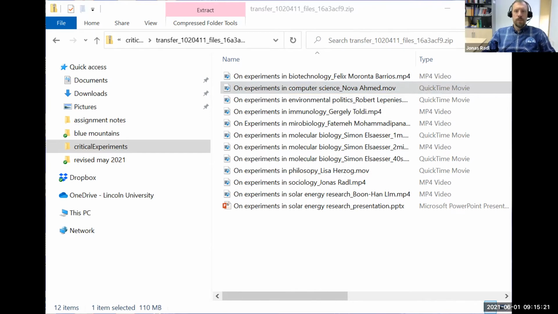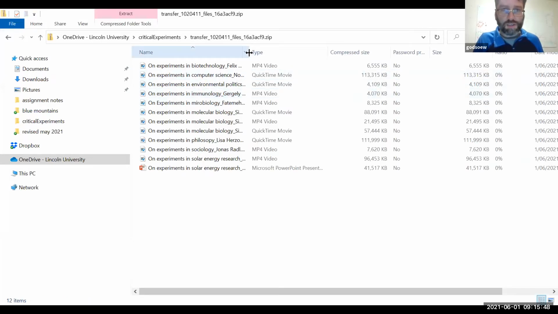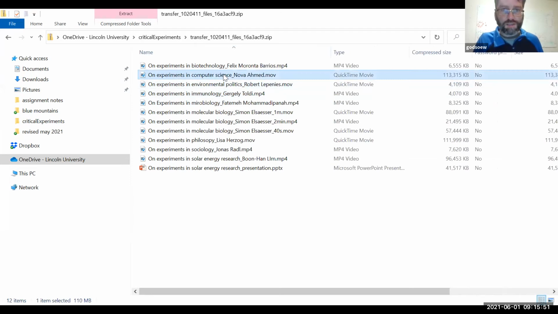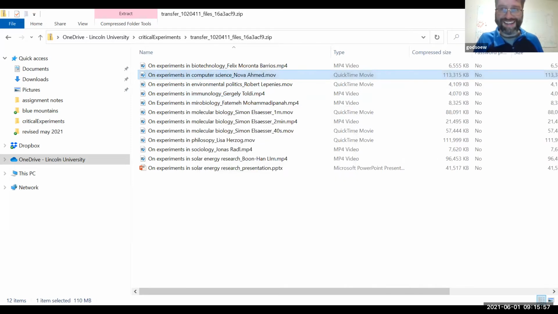And please minimize the file explorer. We don't see the video. Oh dear, thank you. Let me try stop share. Thank you. Okay. Share screen. Critical experiments. I'm going to try once more.